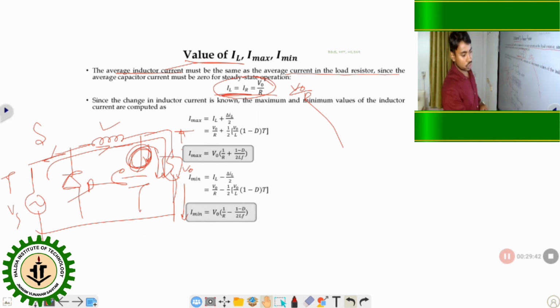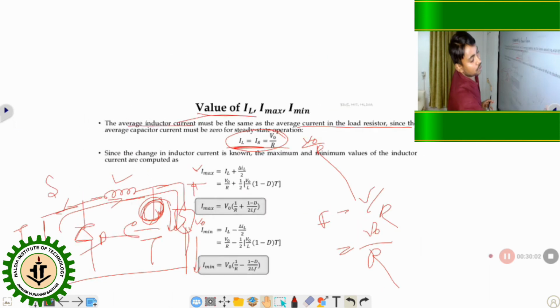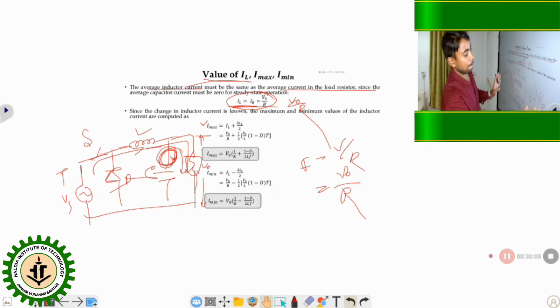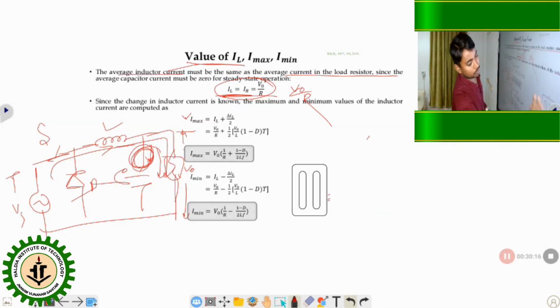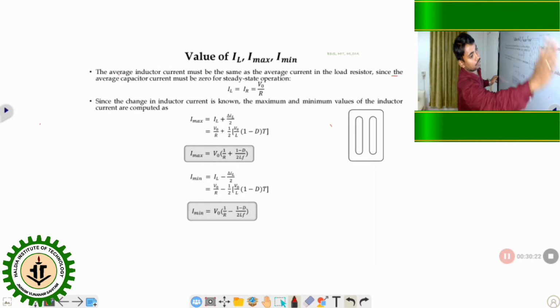What is I max? If you look at the inductor current, what will happen? When the switch is on, where it is on, and when the switch is closed and where the switch is on.